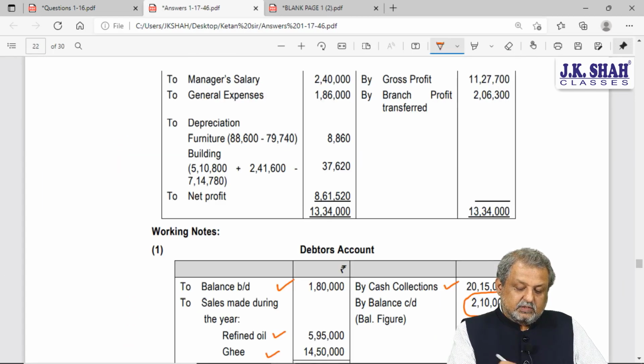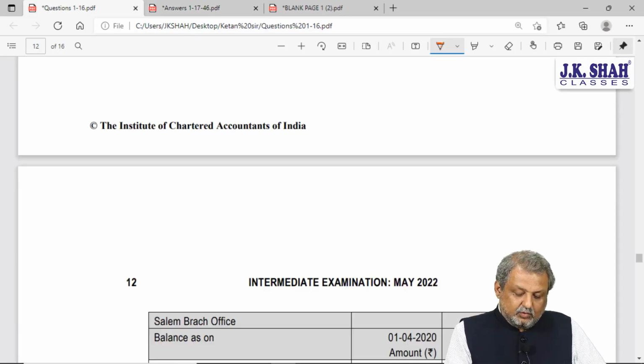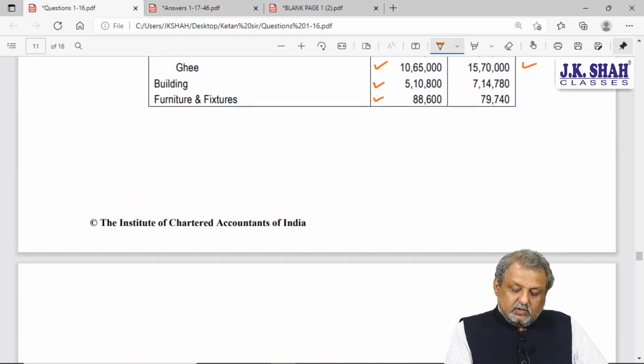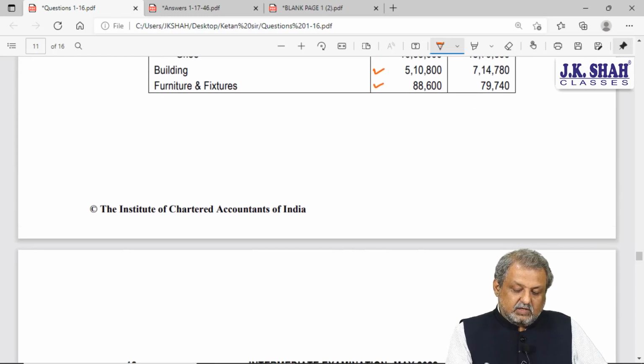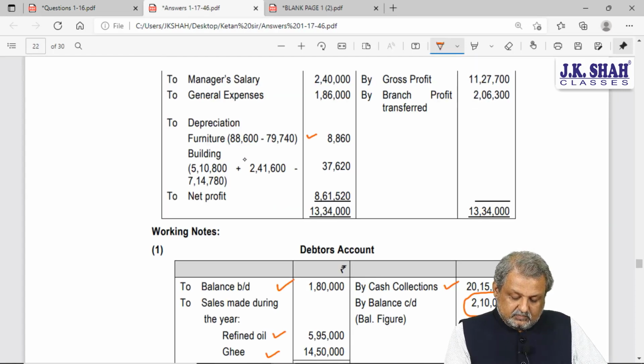That is depreciation. Building, you will have to take the opening balance, to that you have to take addition and less closing, so you will get depreciation.